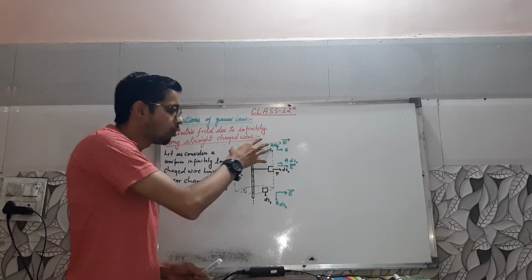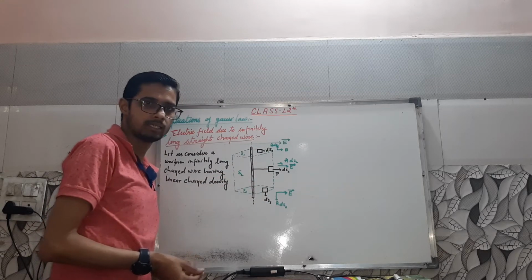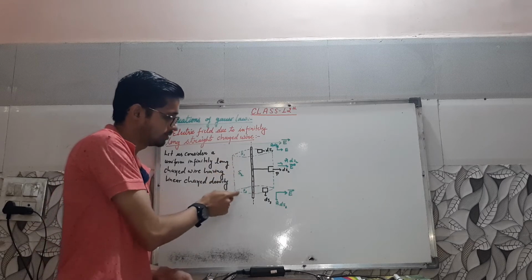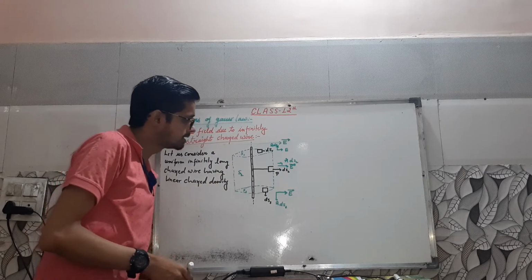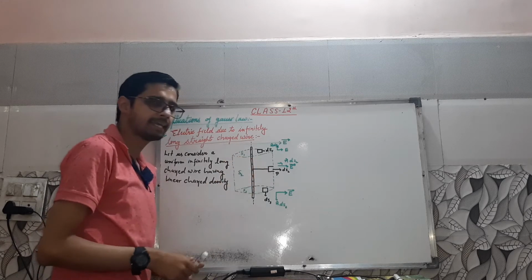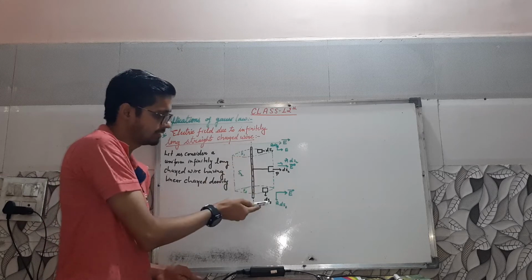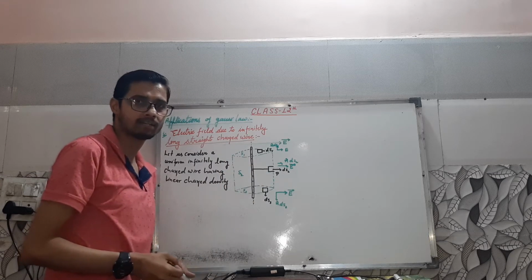So the whole surface breaks into S1, S2, S3, meaning three surfaces. Here we can assume three area elements, ds1, ds2, ds3. Now we make the area vector for all.